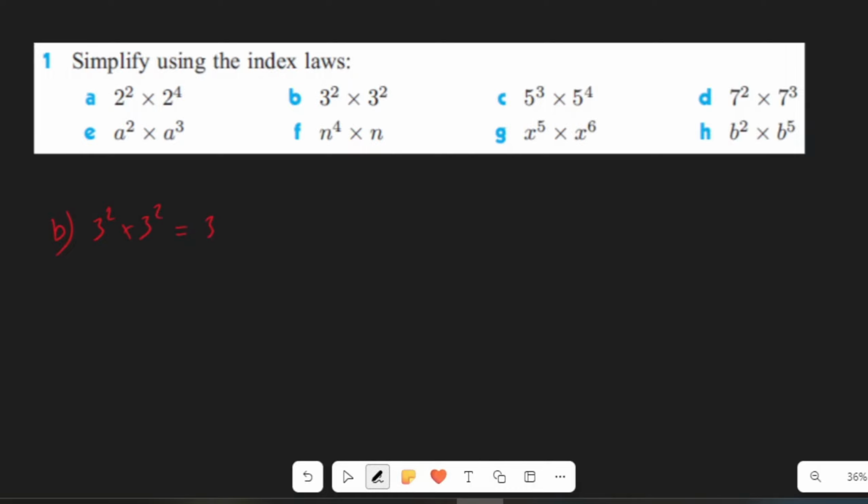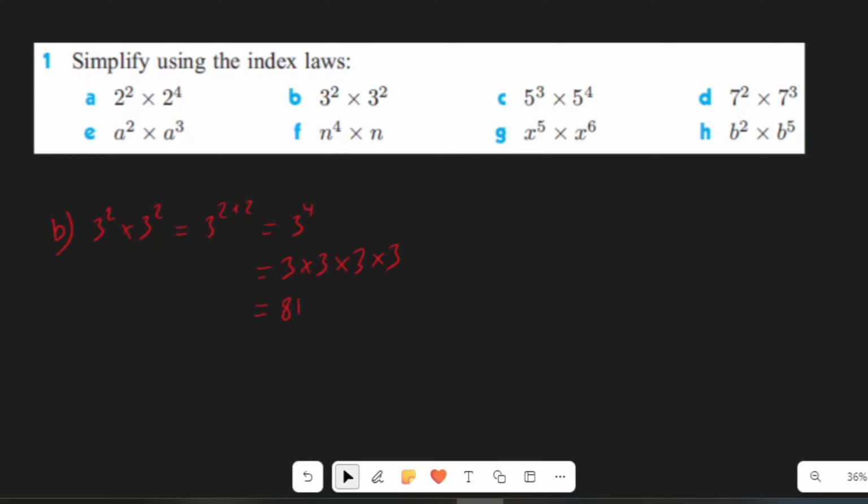So we keep the base and we add the exponents. 2 plus 2, giving us 3 to the power of 4, which is the same as 3 multiplied by 3 multiplied by 3 multiplied by 3. So it's 4 3's multiplied by each other. So that's 3 times 3, which is 9, times 3, 27, times 3, 81.